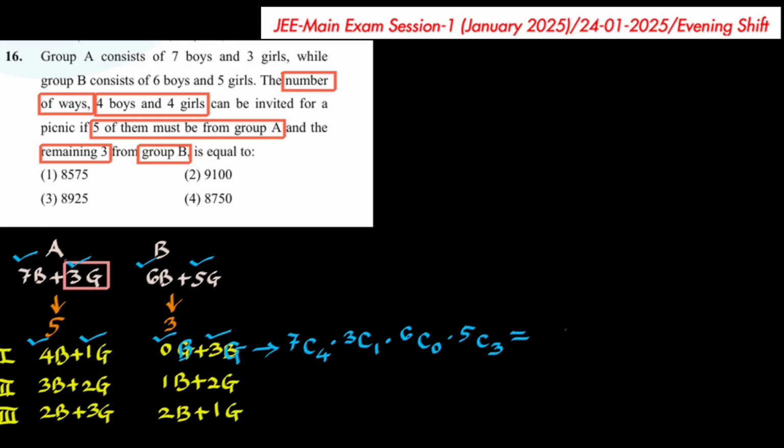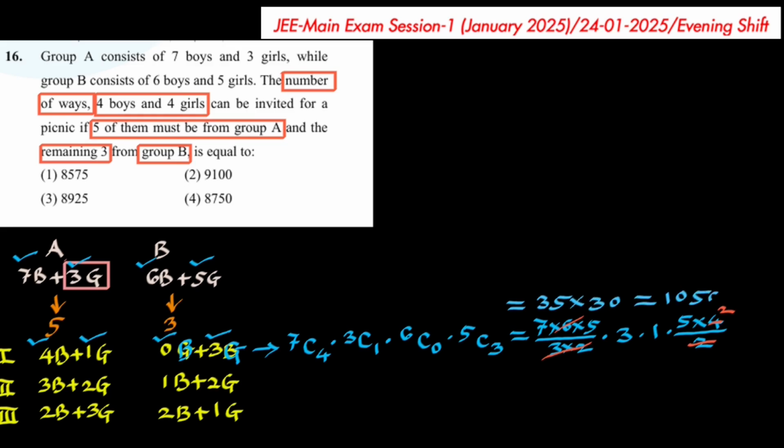This will be 7 into 6 into 5 upon 3 into 2, into 3, into 1, into 5 into 4 upon 2, because 5C3 is the same as 5C2. Cancelling 6, this will be 35 into 30, 1050.